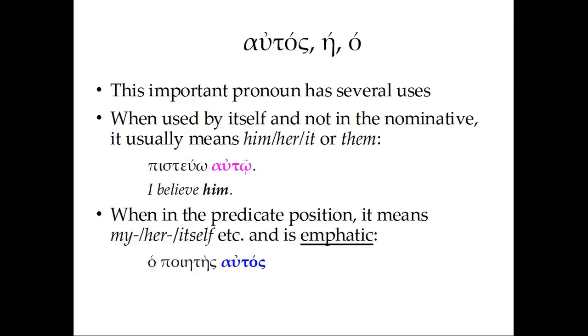You don't actually need this in order to express the basic meaning of the sentence. It's like, for instance, the poet speaks. We could leave out autos from that, and the basic meaning would be there. But if you wanted to say the poet himself speaks, as in it is the poet himself who speaks, we might use this form of autos in this position, in this case. The poet himself.